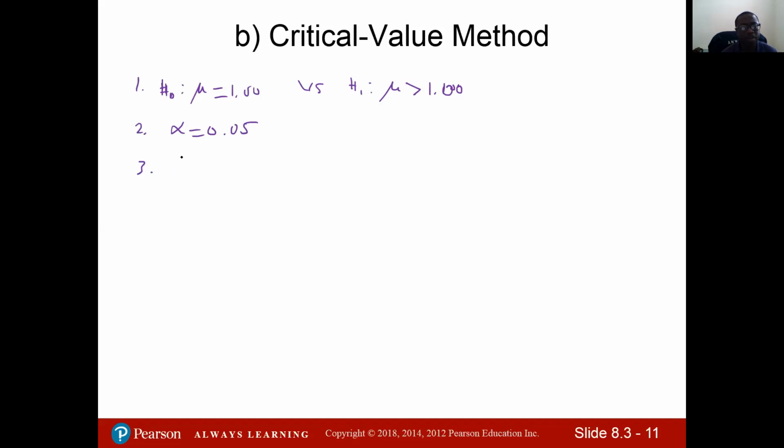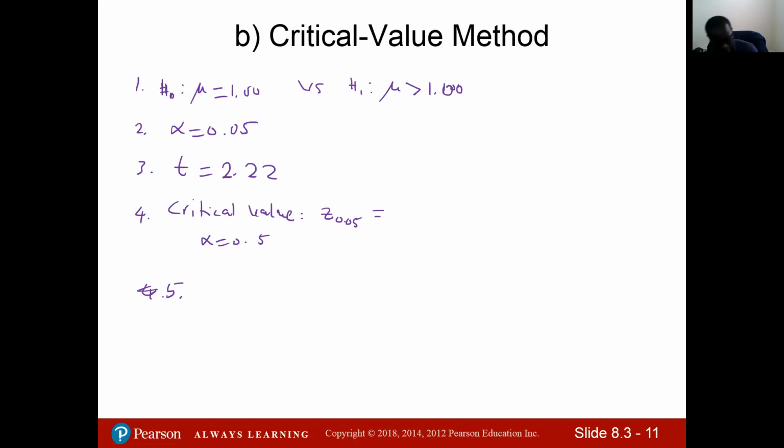Step 3, the test statistic in this case we calculated is 2.22. Sorry, test statistic, not critical value. Now we need to find a critical value. It is one tail, and your alpha is 0.05. So we want to find t 0.05. What is this value? And then we'll decide in step 5.